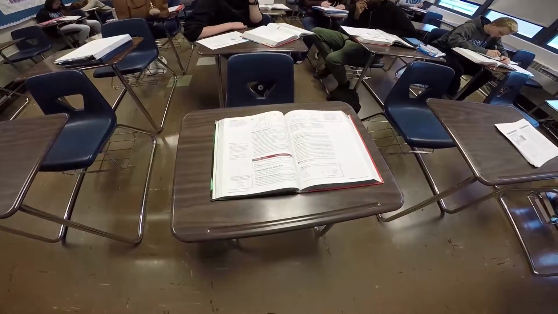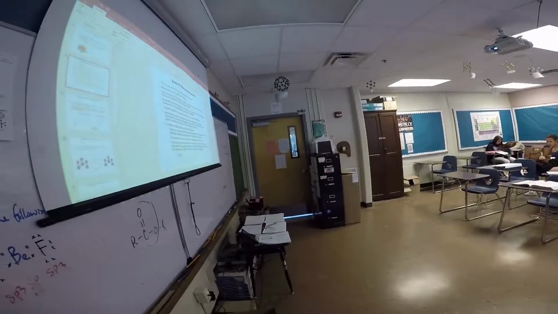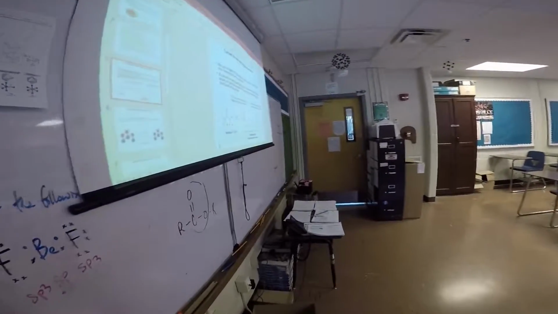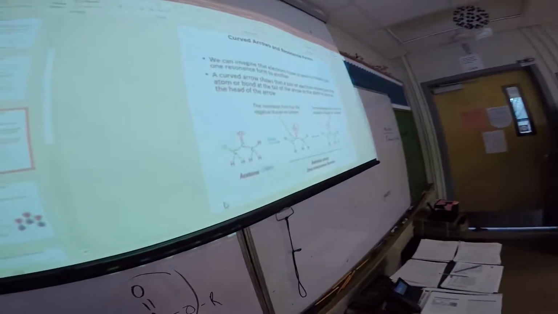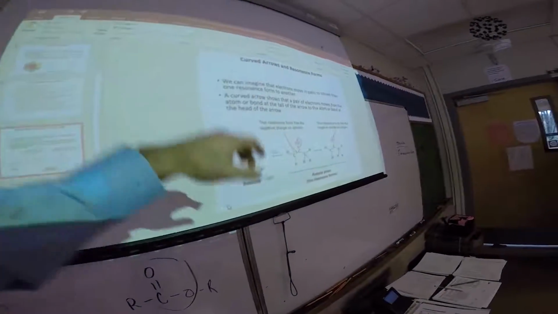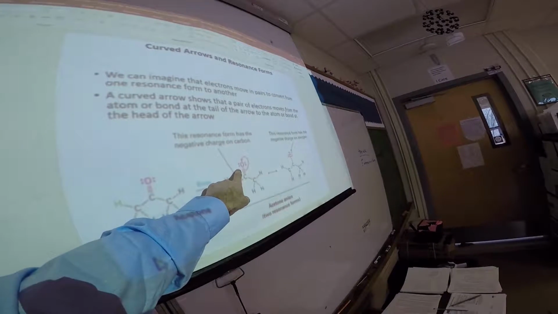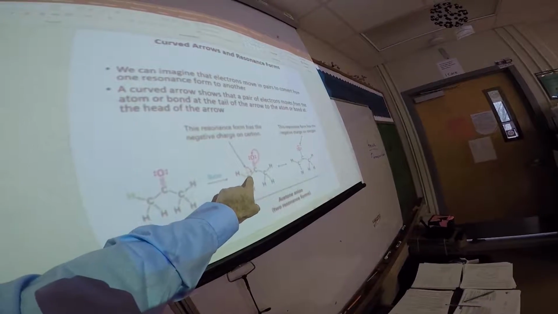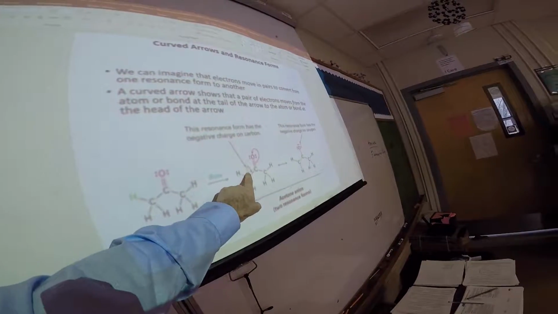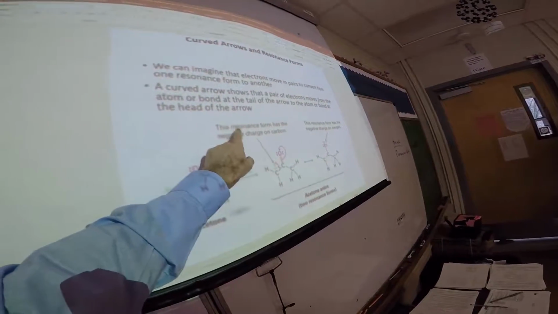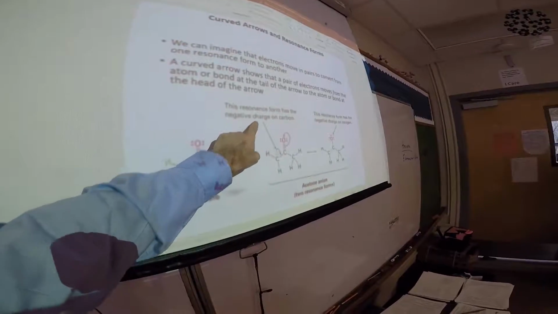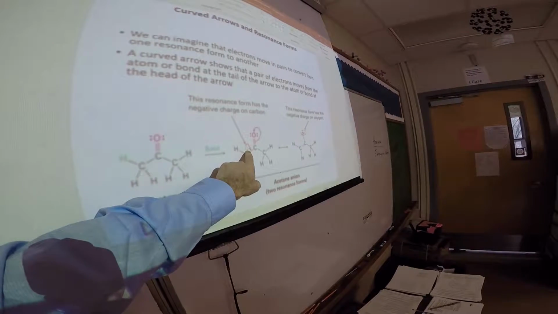Okay, so when you're looking at one that's not a hybrid, like the one beneath this, these resonance forms are associated with the ion, or the charge here. So right here, the electron is charged on the carbon. This resonance form has the negative charge on the carbon right here.